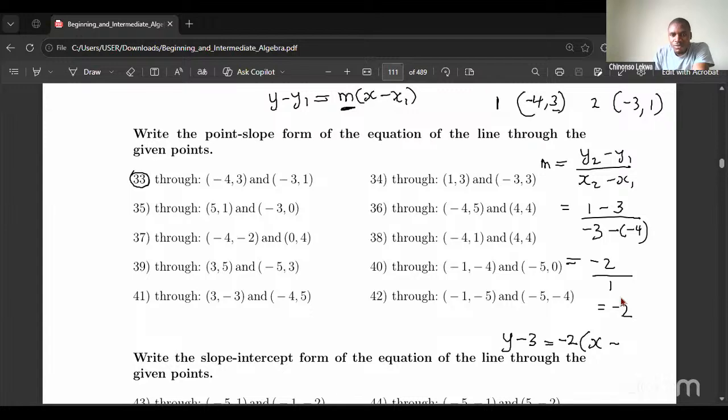Then we can go on to simplify further. That becomes y minus 3 is equal to -2 times, and the only thing I'm simplifying is the double negative in front: minus -4 becomes positive, so that's x plus 4.